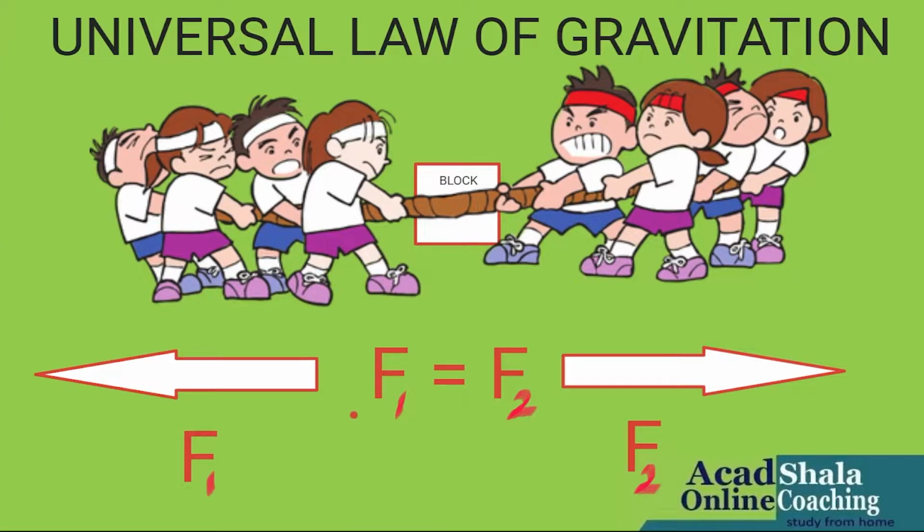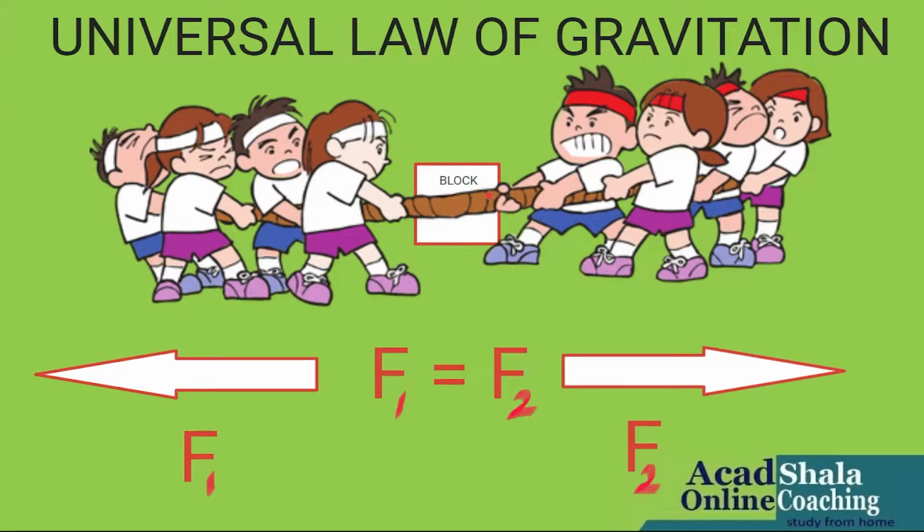Today you are seeing on the screen a block in the center and students on both sides pulling the block. But to my surprise, what do I see? I see that the block is still at rest, no matter that both teams are pulling, but in opposite directions. The block is not moving.